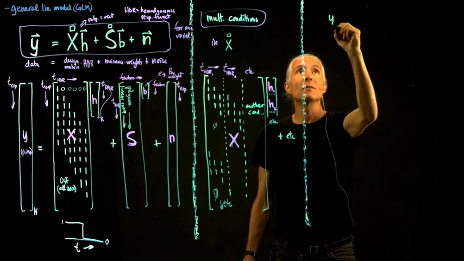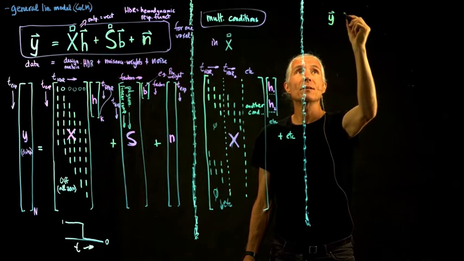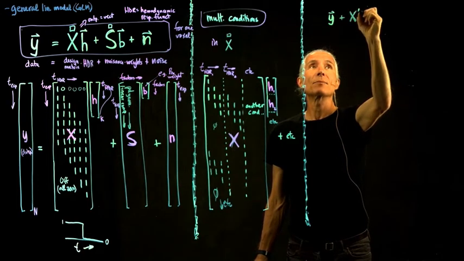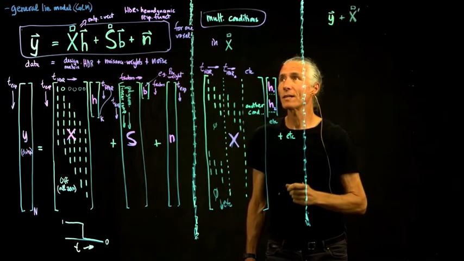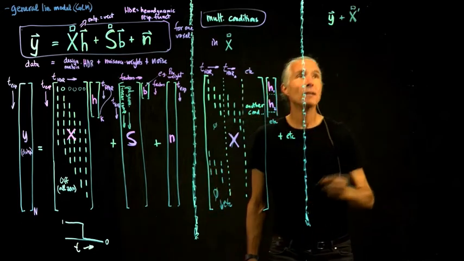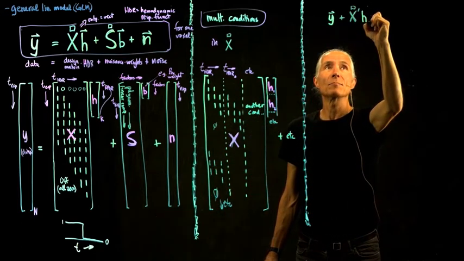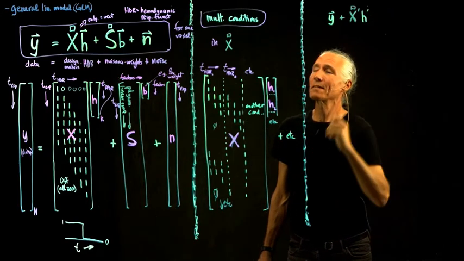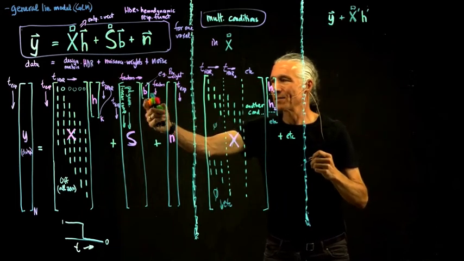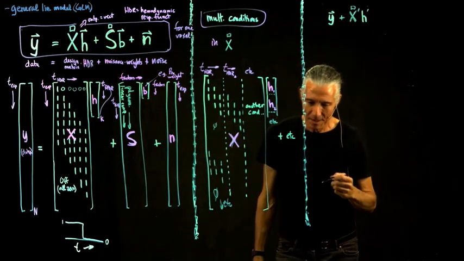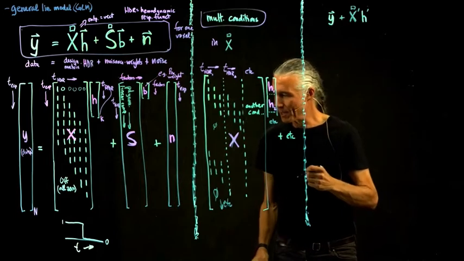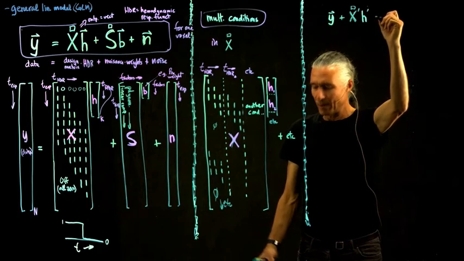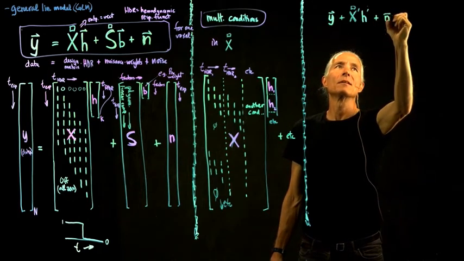It's mathematically equivalent. So you could have your data vector equals a design matrix prime that has the nuisance factors tacked into it, times the hemodynamic response function, which has its weights, these b's, tacked into it. That's an alternate way of looking at it. So this gets rid of the S matrix, and then you just have that.